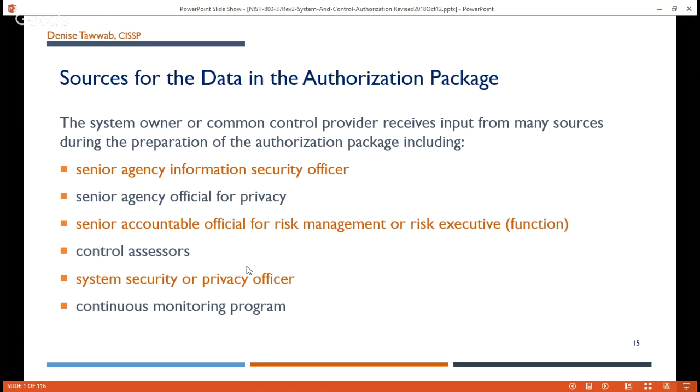So your control assessors provide information. Your system security or privacy officer also are involved, and the continuous monitoring program is also a source for data that goes into the authorization package.